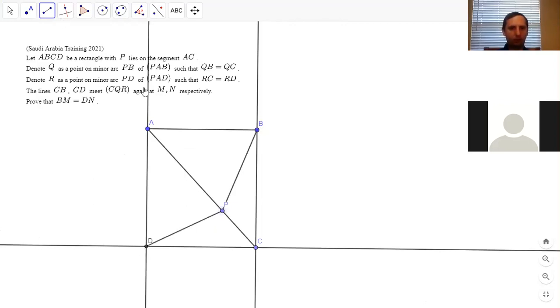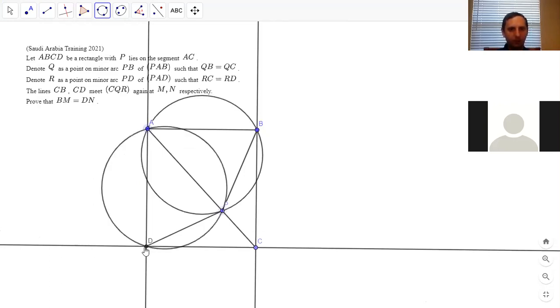Let's draw those circles. And Q is on arc PB so that QB is equal to QC.